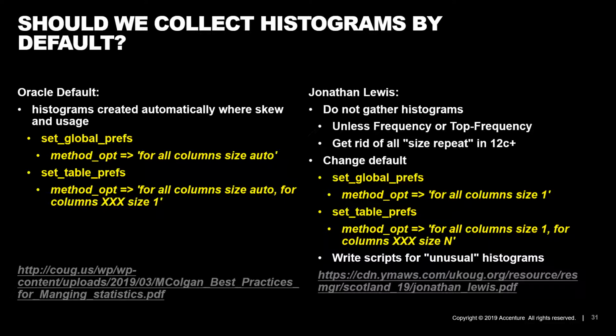Now, I've seen Jonathan and Maria at UKOUG argue this back and forth, and it's very entertaining. And it's interesting to see what they say about the behavior of the optimizer. I'm certainly not going to adjudicate between these two points of view, other than to say an overabundance of histograms is not going to help you when it comes to using the real-time statistics feature.